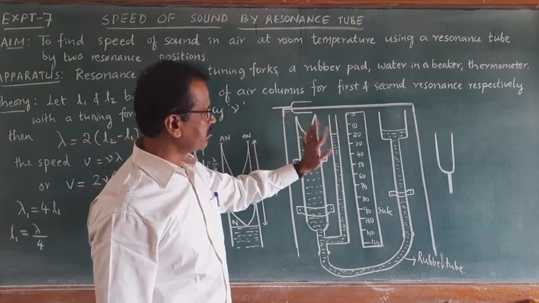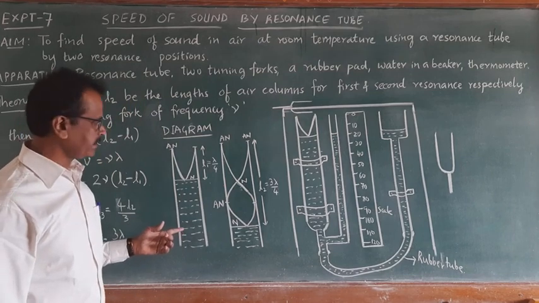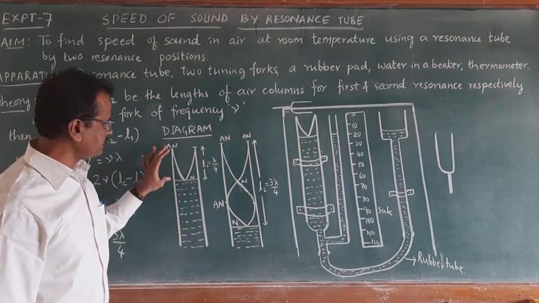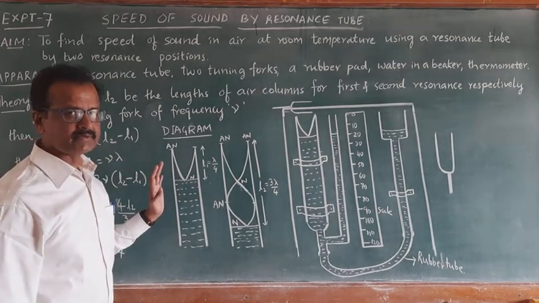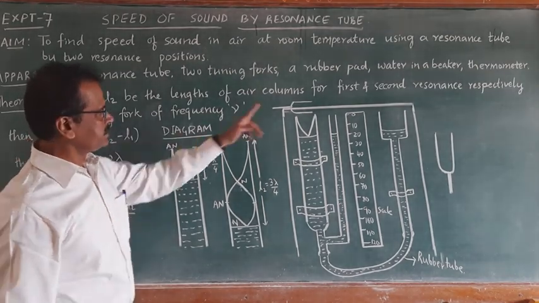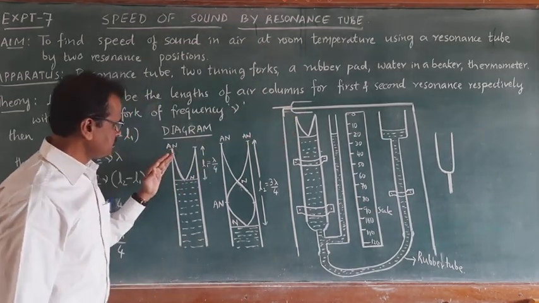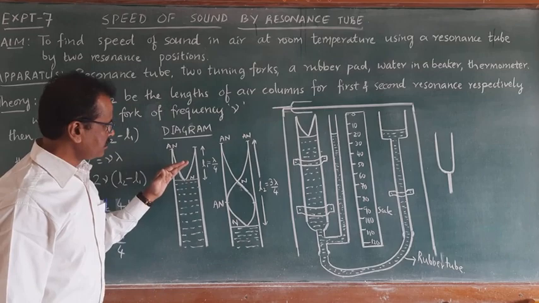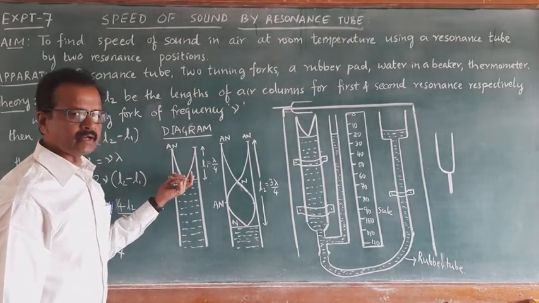At one particular level of air, resonance occurs. This is the equivalent diagram. What is the meaning of resonance? The frequency of vibrating tuning fork matches with the frequency of vibrating air in the air column.